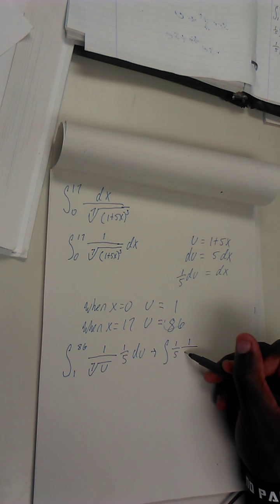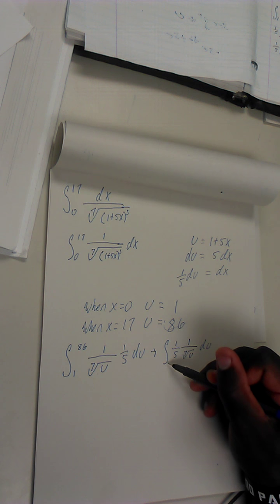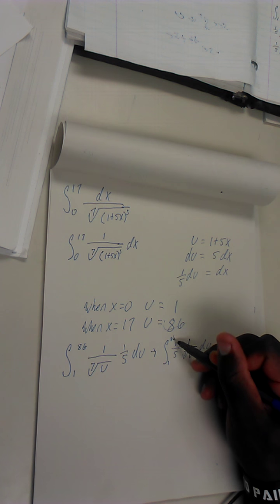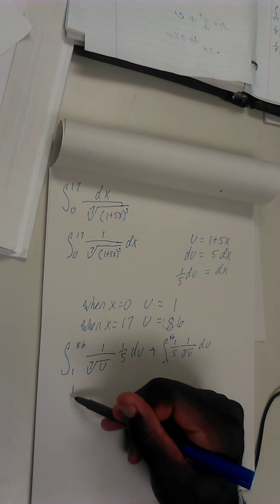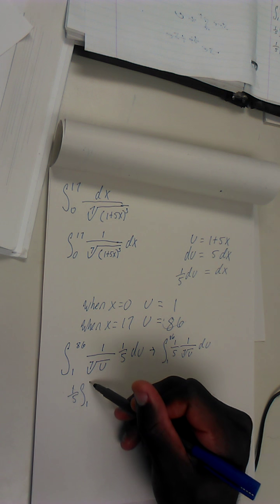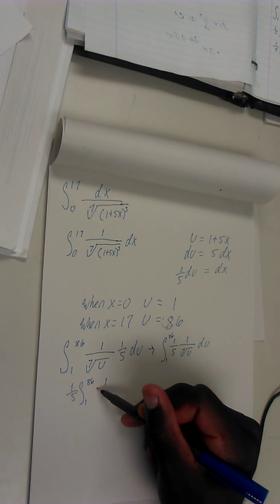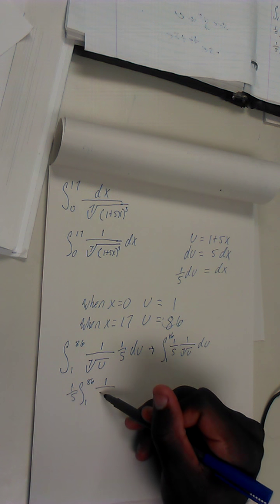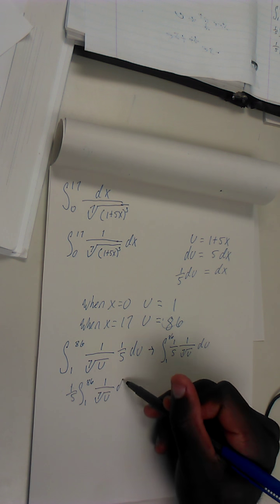So 1 over the 7th root of u du, going from 1 to 86. And to further isolate 1/5, let's go ahead and put 1/5 outside the integral. 1 to 86, 1 over the 7th root of u du.